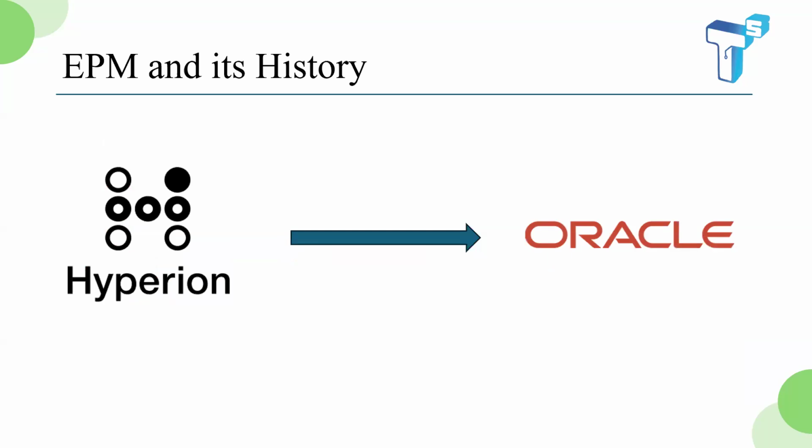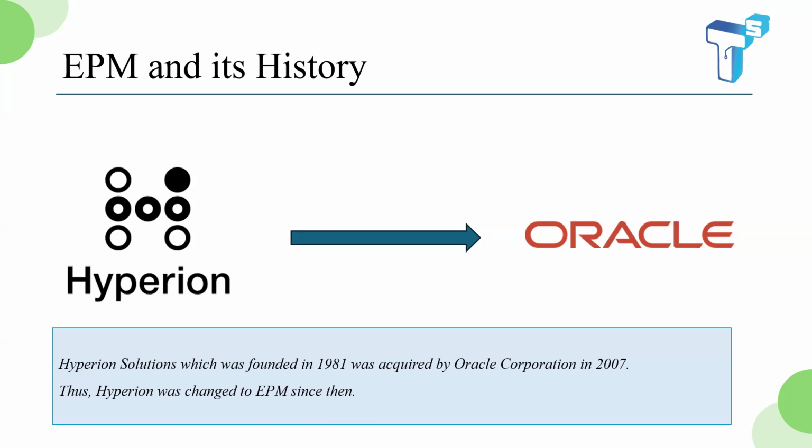The first company which developed this software was Hyperion Solutions, not Oracle. When Hyperion Solutions brought the software into the market, Oracle saw the growth, its scope, and everything, and they acquired this EPM software in 2007. So in 2007, Oracle went to Hyperion Solutions and bought this software.